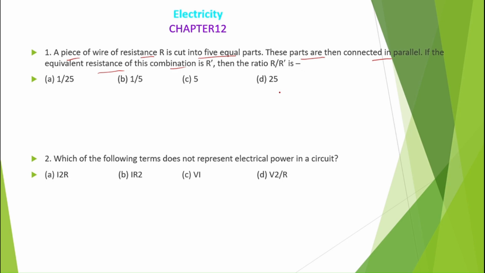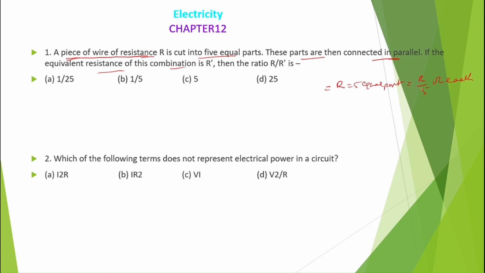See, a piece of wire of resistance R is having one resistance R. So this is cut into 5 equal parts. That means R by 5 ohm each. Then it is connected in parallel.